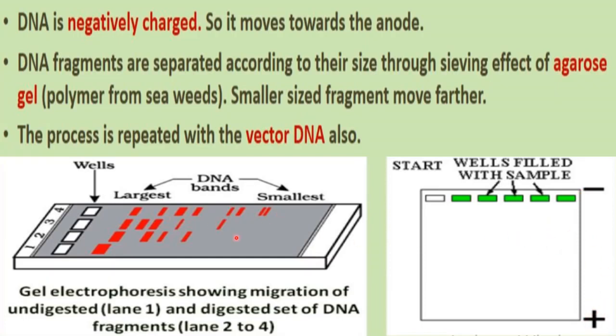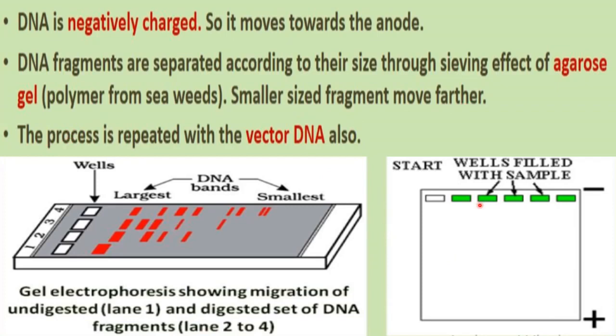This is the same plate. Here, these are wells in this plate, and here DNA is loaded. DNA is filled in these wells, right? And when DNA moves towards the anode on the basis of size, smaller sized fragments move farther.